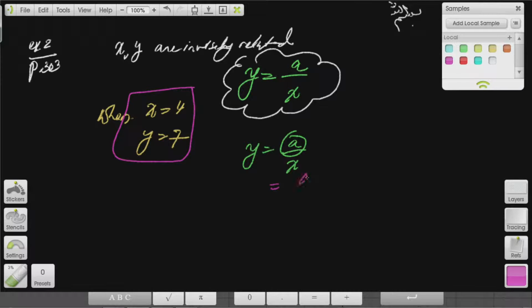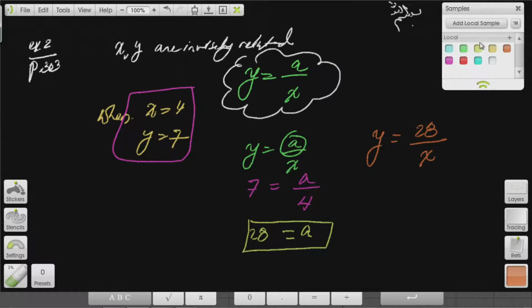So when x is 4, the value of y is 7. So we can solve this for a, and we get 28 to be a. Now we know what a is. Now we can write the real equation in this particular scenario. That would be y equals 28 over x. So this is the inverse variation equation for this particular scenario.